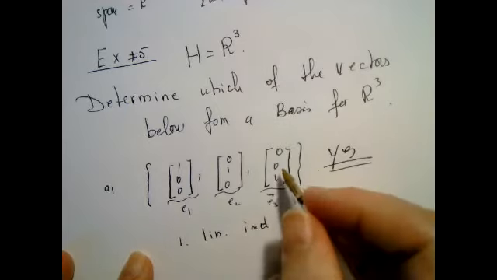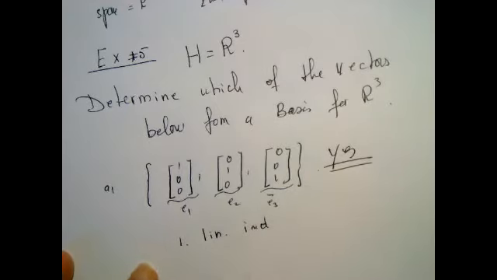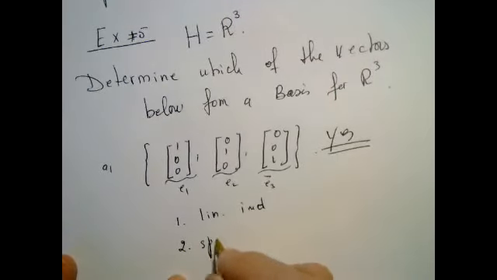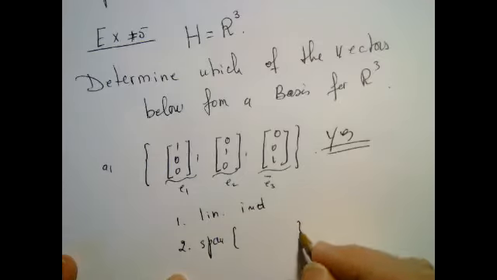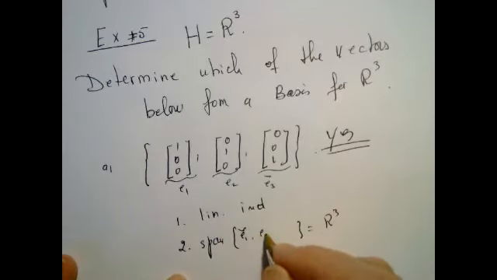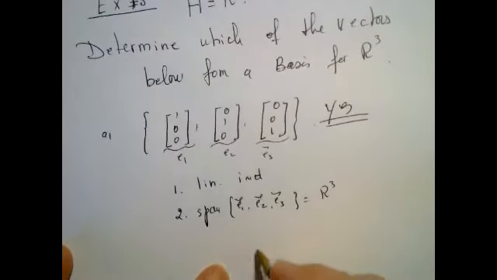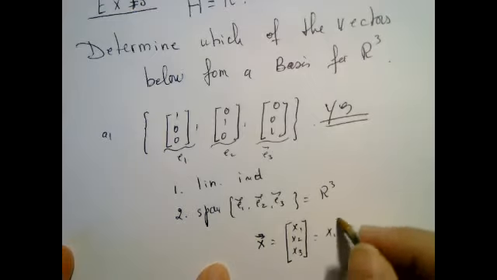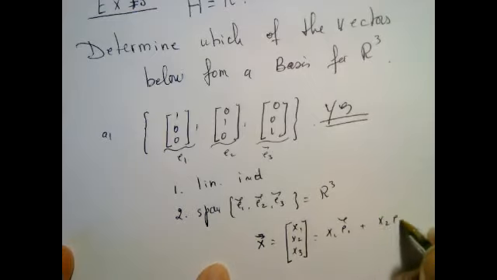First, they are linearly independent. The only way you can combine them to get the zero vector is if the weights are 0. And second, they span all of R3. The span is all of R3. Any vector in R3 for this simple scenario can be written as their linear combination. And I don't need proof because any vector, I can write it as x1 E1 plus x2 E2 plus x3 E3.